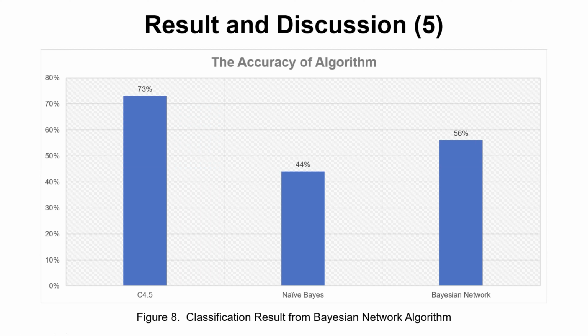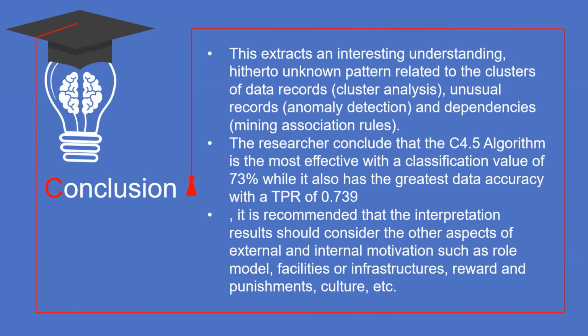At certain occasions, the fast calculation time of the decision tree can occur due to the absence of a classification process, whereas a bigger training set leads to bigger memory requirements and larger distance calculations must be performed. And here our conclusion is to extract an interesting understanding of unknown patterns related to clusters of data records, or cluster analysis, unusual records or anomaly detection, and dependencies or association rule mining.